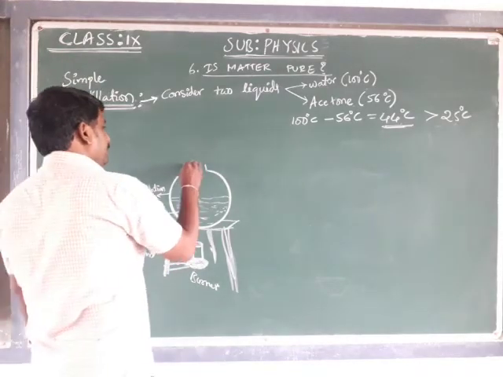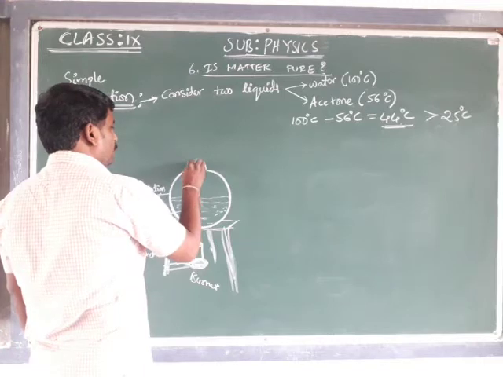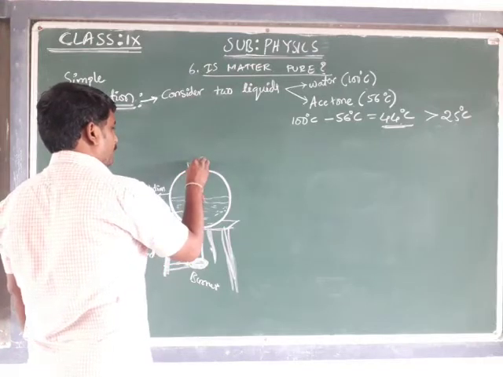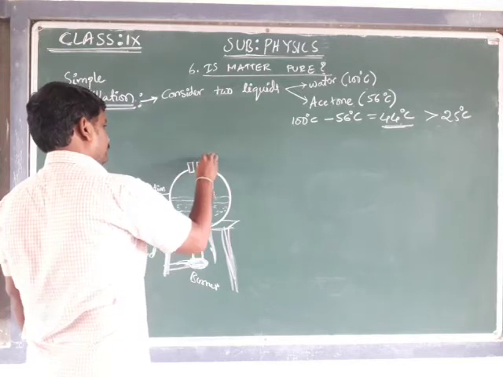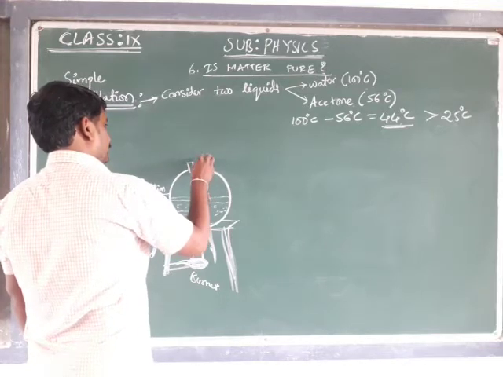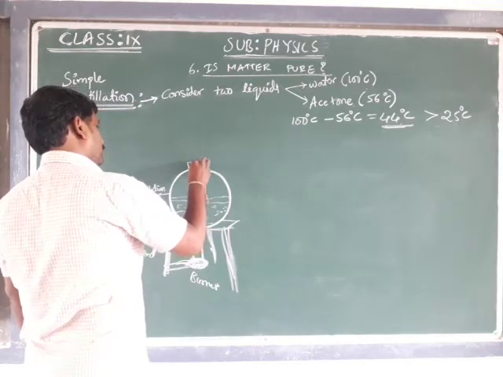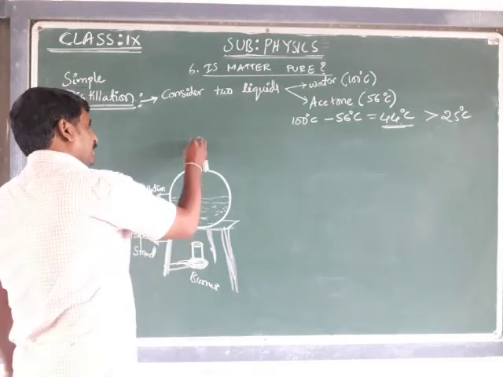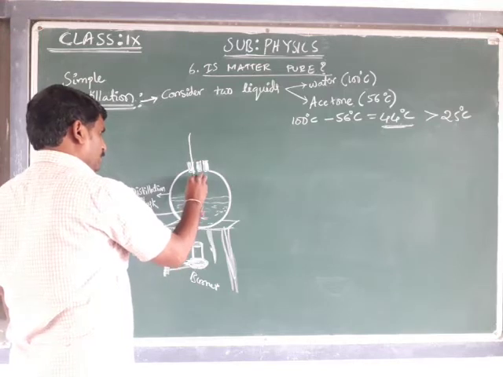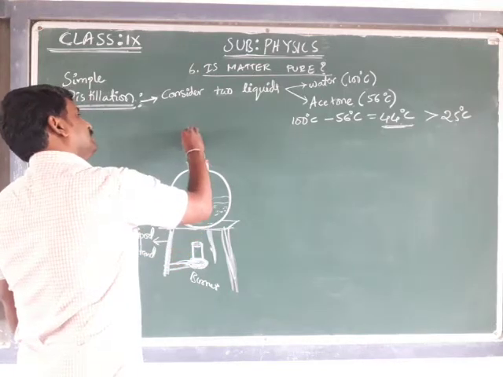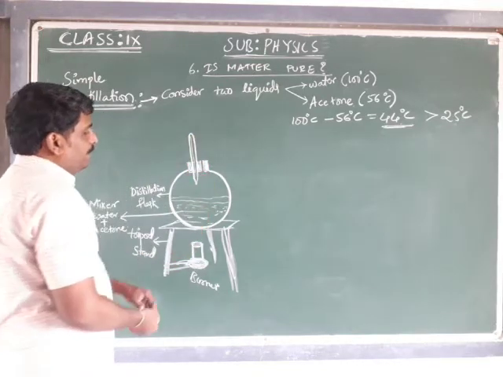Now this should be closed with a 2-hole cork, where in one hole we have to insert a thermometer to check the temperature in the flask.